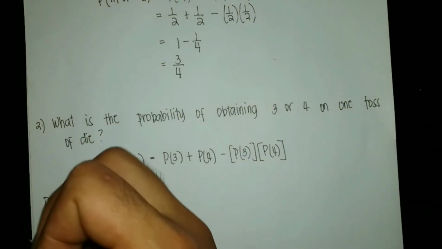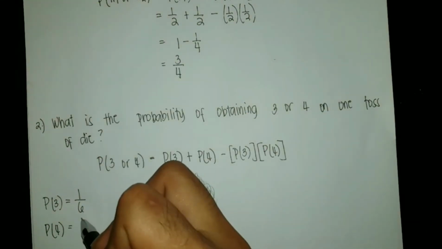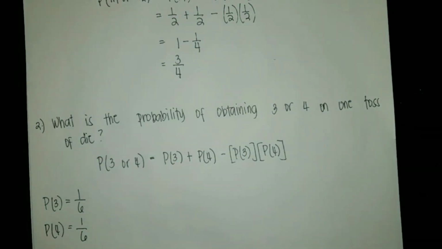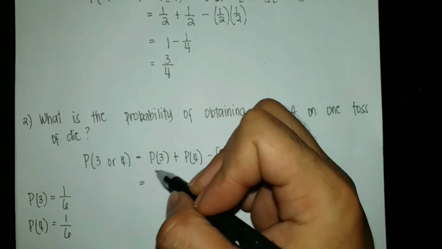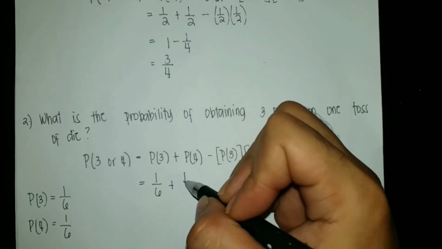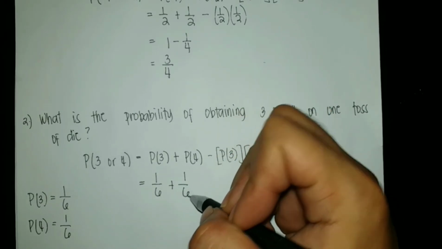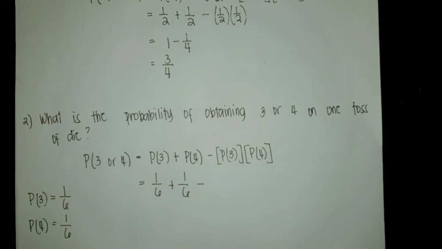Same with 4. The probability of obtaining 4 will be 1 over 6 as well. So that will be equal to the probability of obtaining 3, which is 1 over 6, plus the probability of obtaining 4, which is also 1 over 6, minus the probability of obtaining 3 and 4.